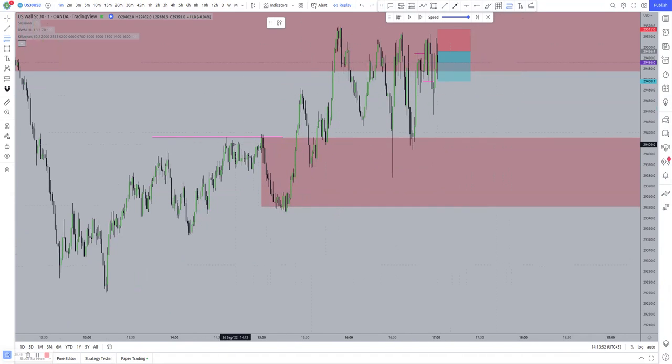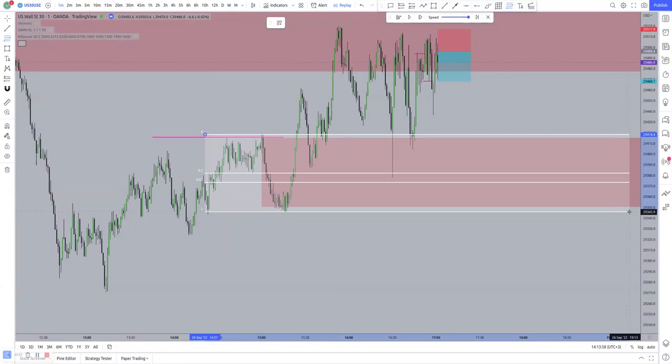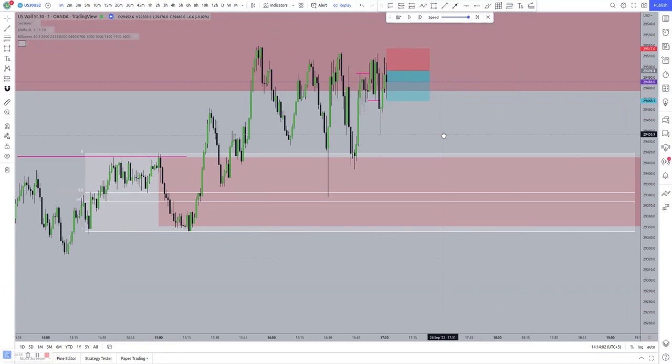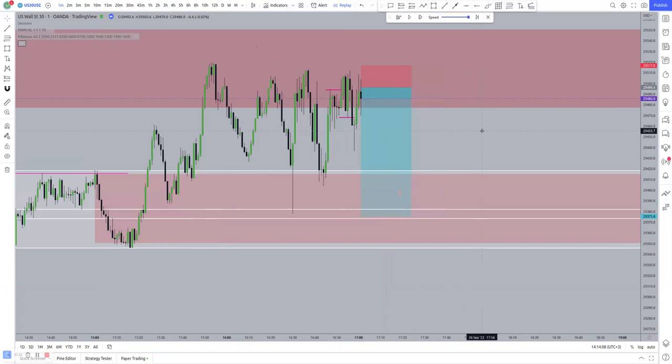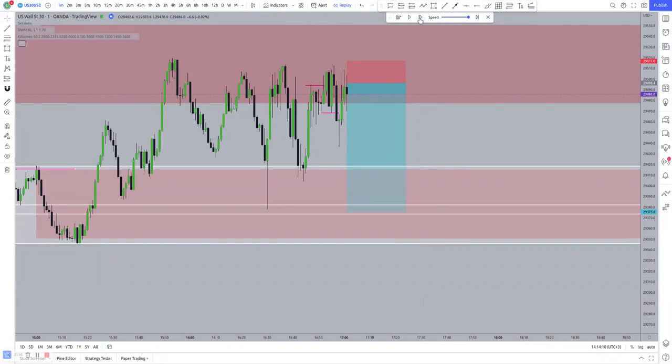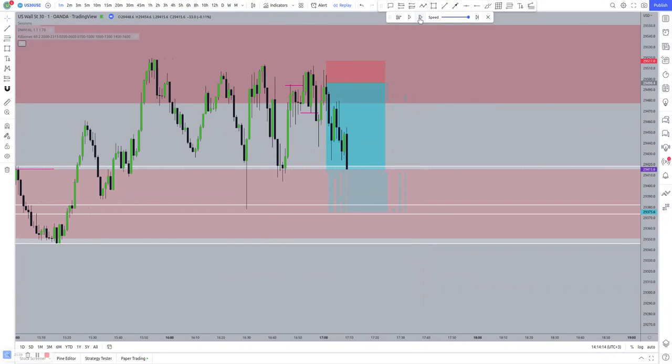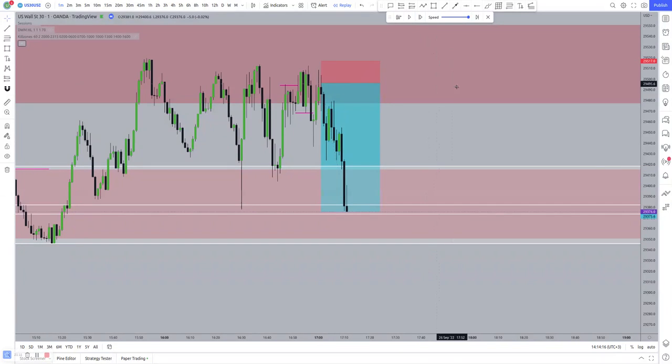So I'll use my fib on this structure right here, and my TP was here. Let's see. Right there. And I close.